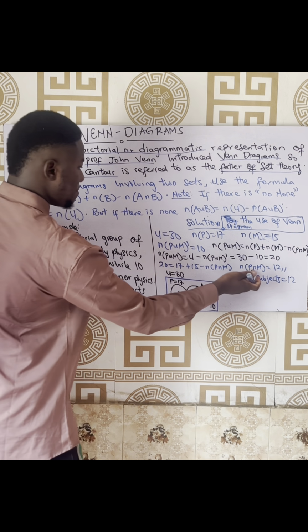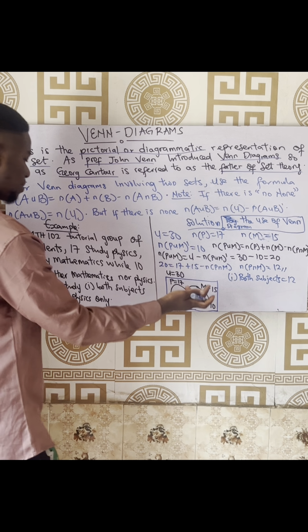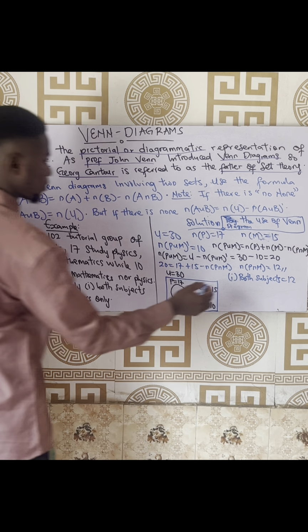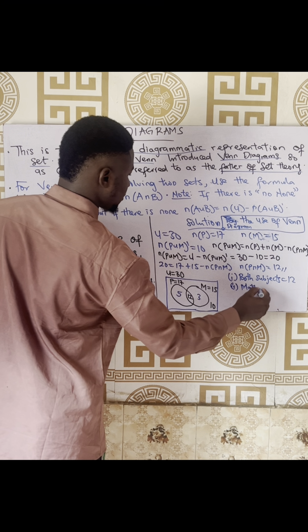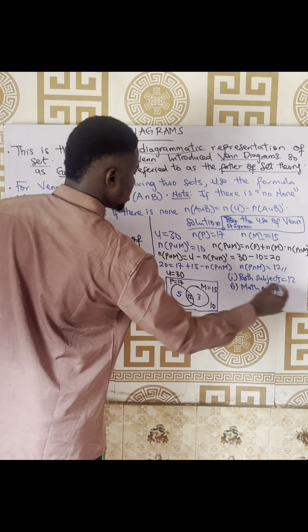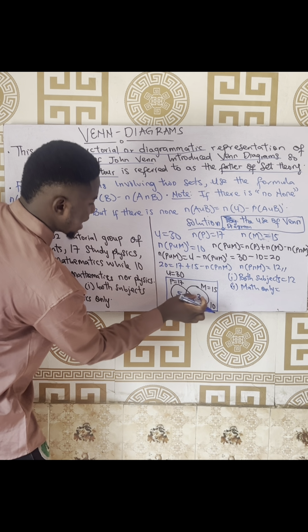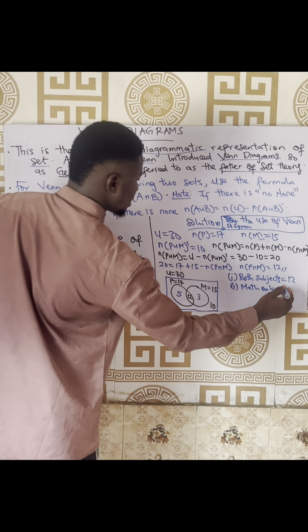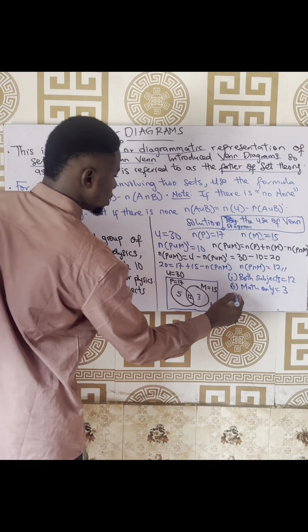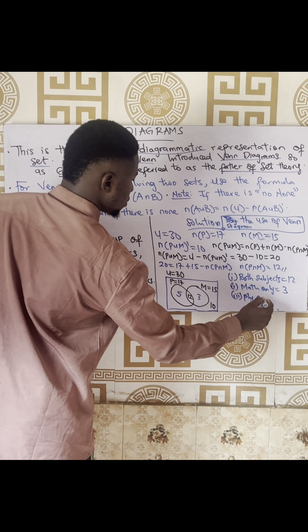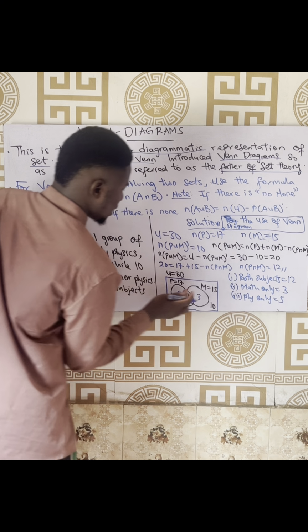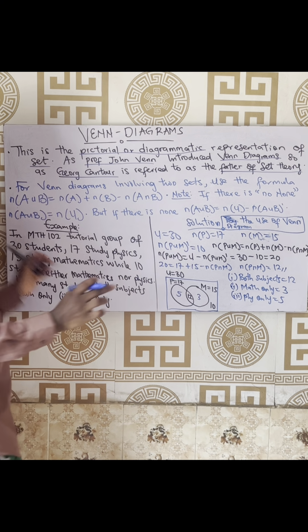So that is the P intersection N. Number two, maths only. That is those that study mathematics only. And this place is for maths only. That is 3. Physics only. That is 5. This place is for physics only. Those that study physics only.